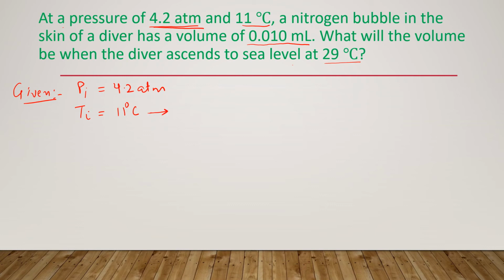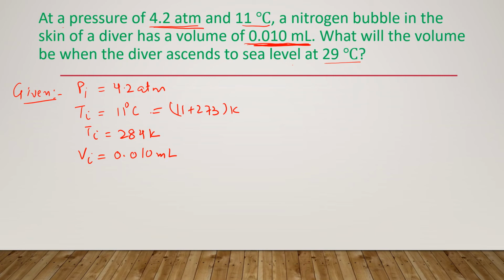That will be 11 plus 273 Kelvin, or Ti will be equal to 284 Kelvin. A nitrogen bubble in the skin of a diver has a volume of this much. So the initial volume is also given, which is 0.010 ml.